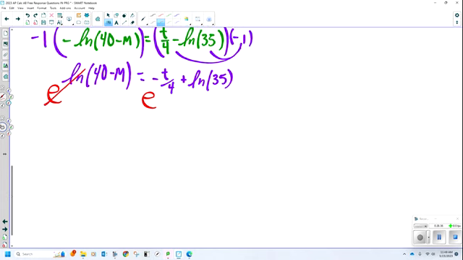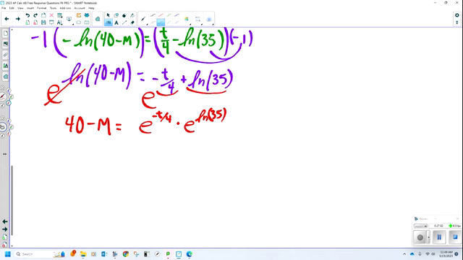These cancel, and we just end up with 40 minus m equals. What makes me add exponents together? Well, when I multiply similar bases together. That's a rule that you need to know, okay? Times e of the ln of 35, okay?